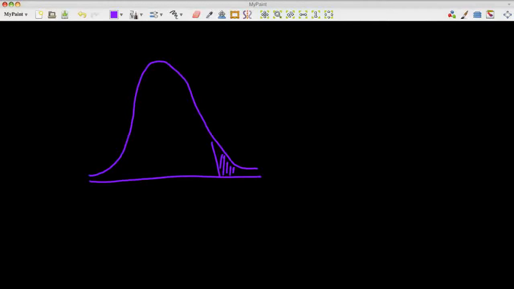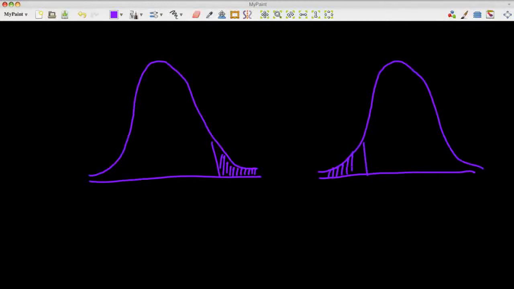Finally, I'll give you a minute for you to think about this. Let's say you're doing a right tail test and a left tail test. So you have a right critical value for the right tail test, left critical value for the left tail test.